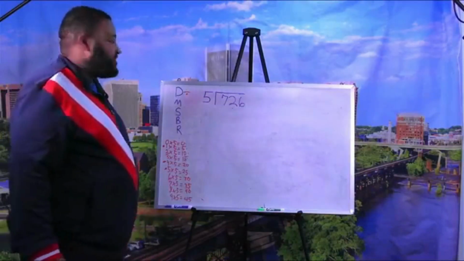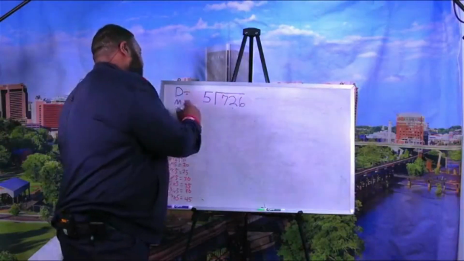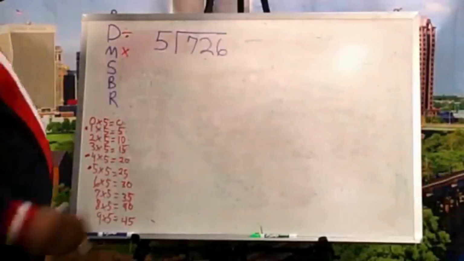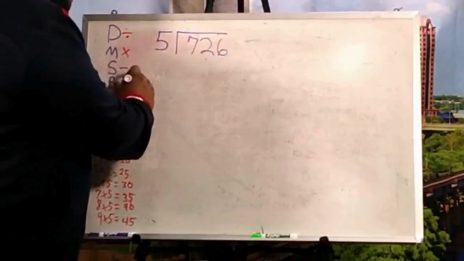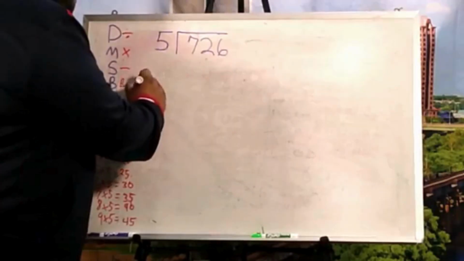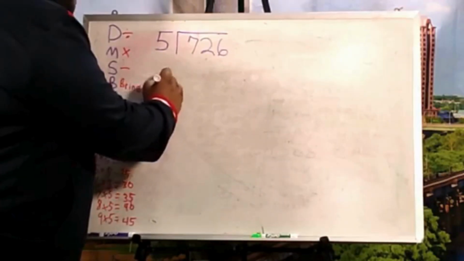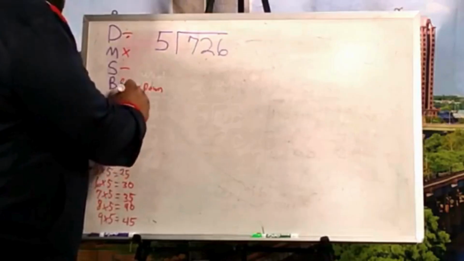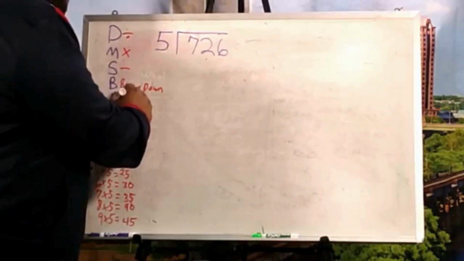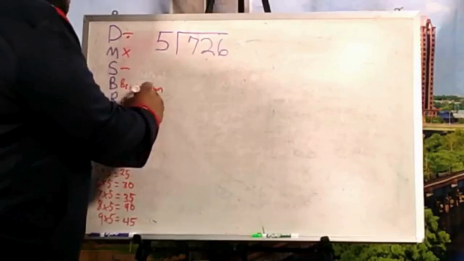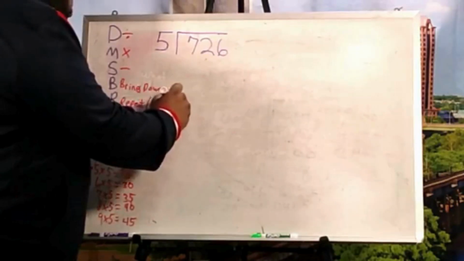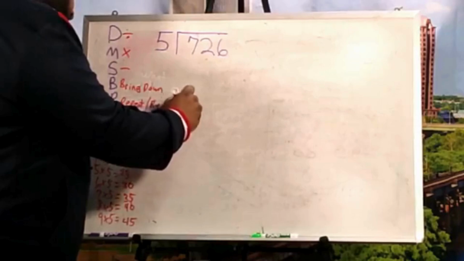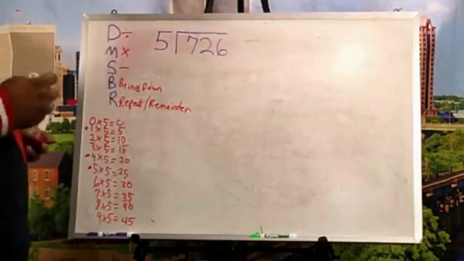The M stands for multiplying. The S stands for subtracting. The B stands for bring down. And the R stands for repeat or remainder. I almost put reminder up there.